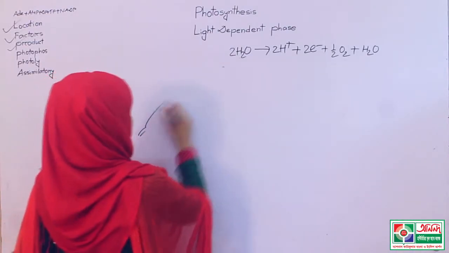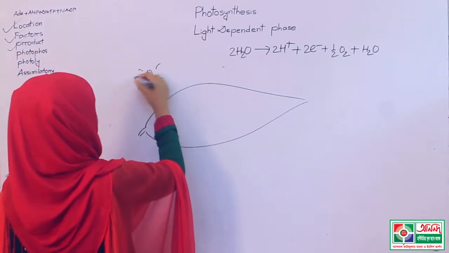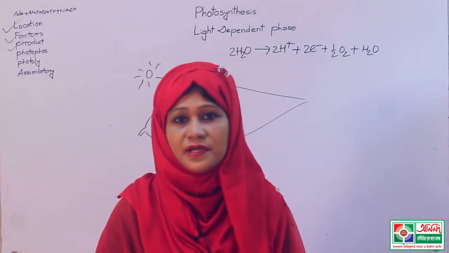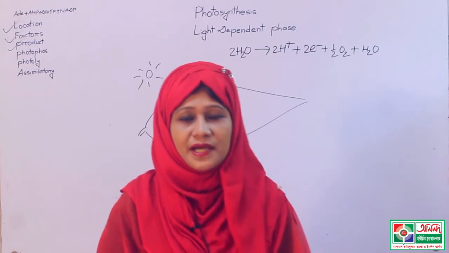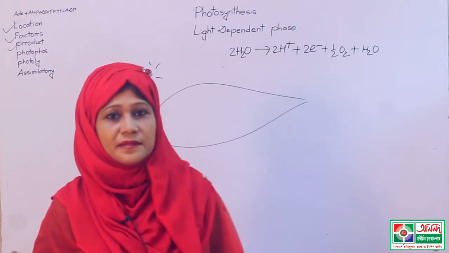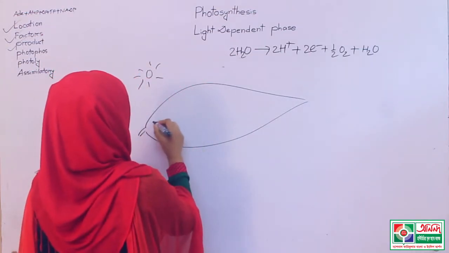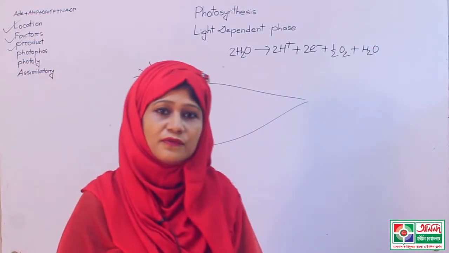Suppose this is a leaf. Solar energy in the light reaction, there is no use of carbon dioxide. Raw material is the only water, and this water is absorbed by the plant from the soil. So the water is splitting here because I am describing the photolysis of water.